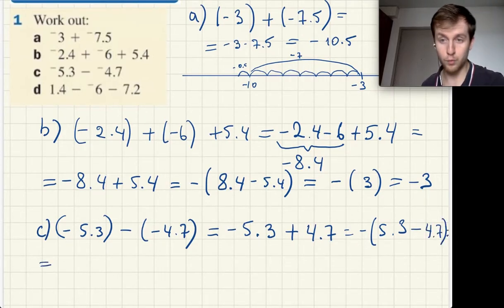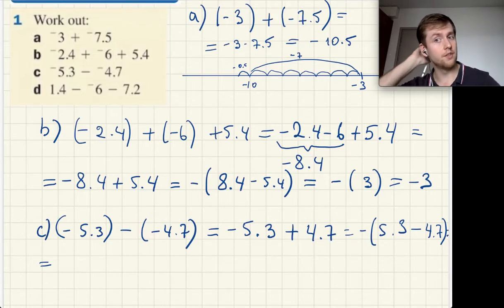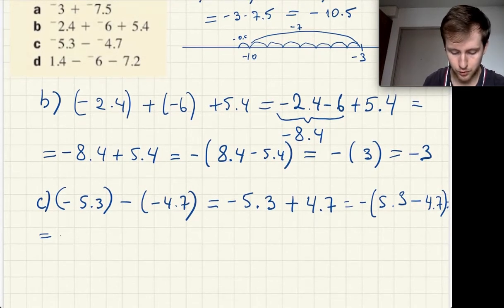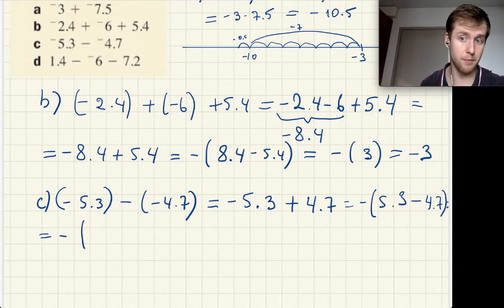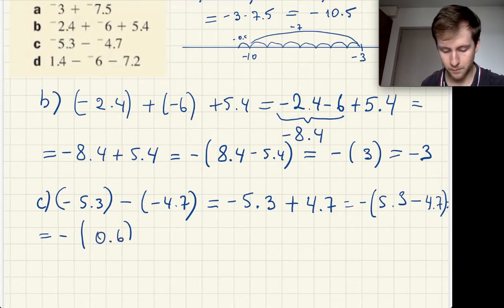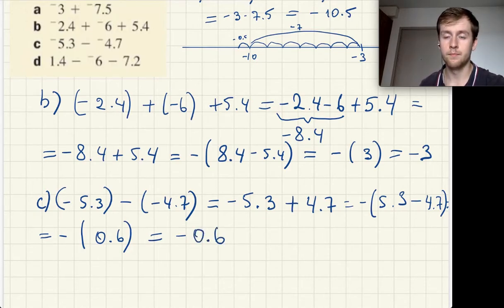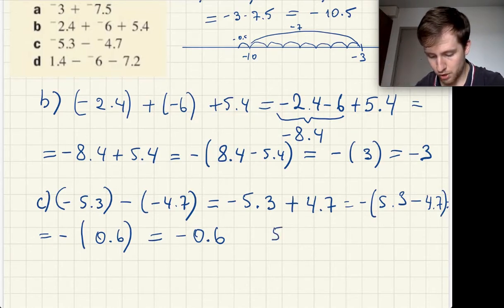And now we do what we know how to do. We subtract two numbers which are both positive, which will give us a positive result, but there is a minus before them. So 5.3 minus 4.7 is equal to 0.6, but actually it's a negative 0.6, like this.